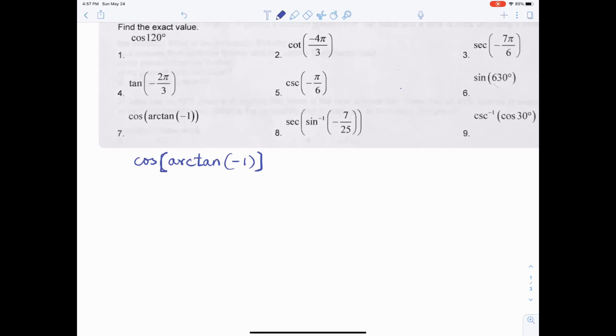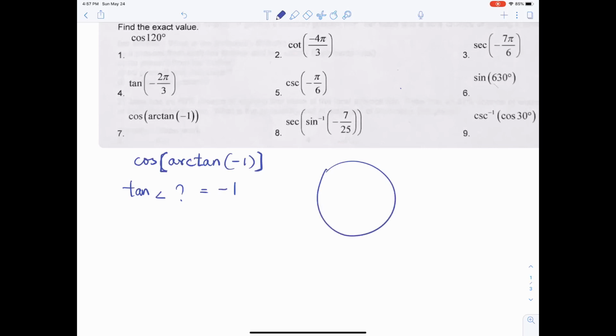Arctan of negative 1. What angle, tangent of what angle is equal to negative 1?